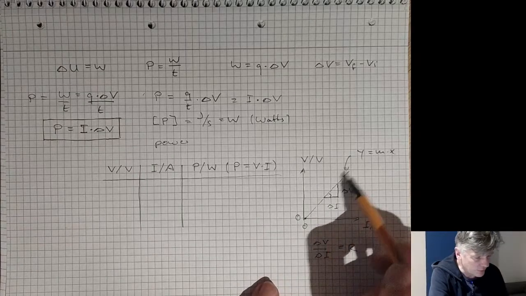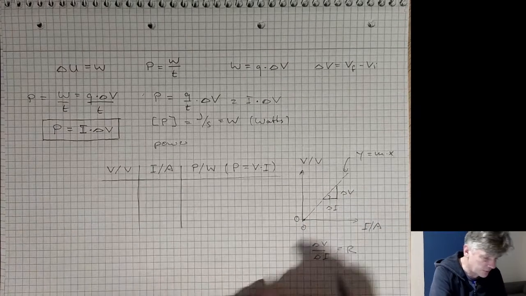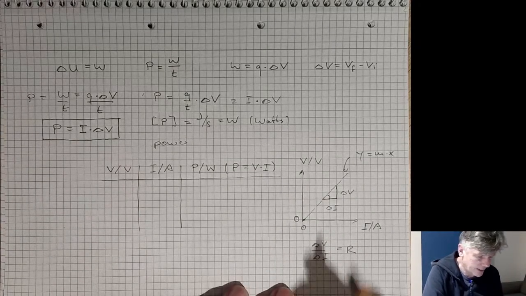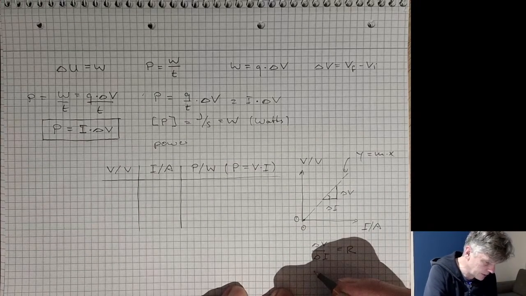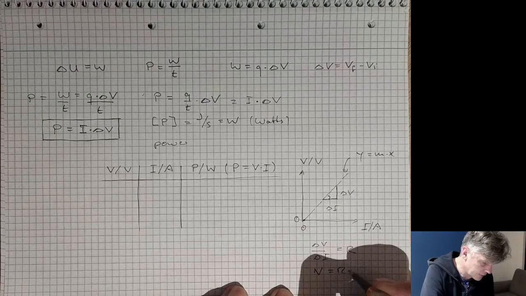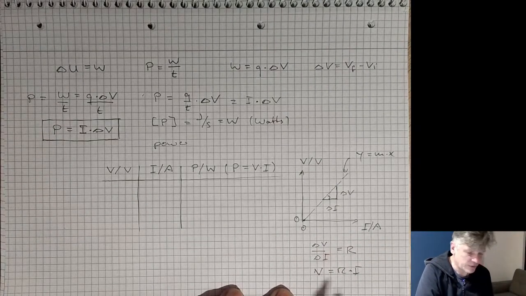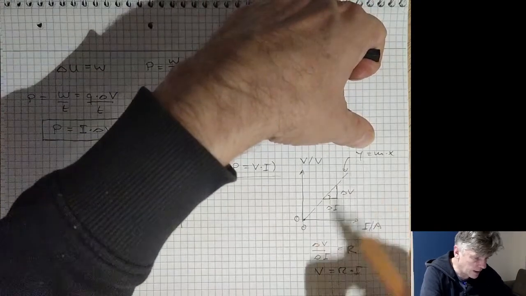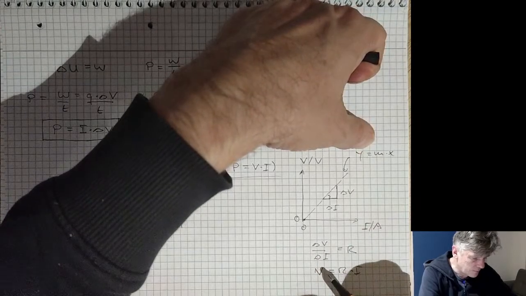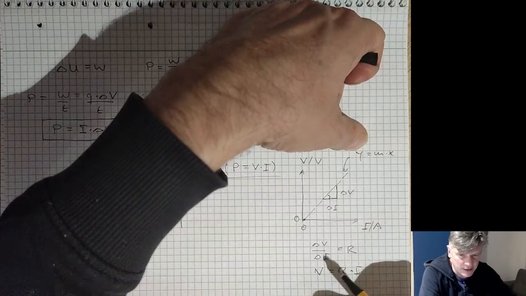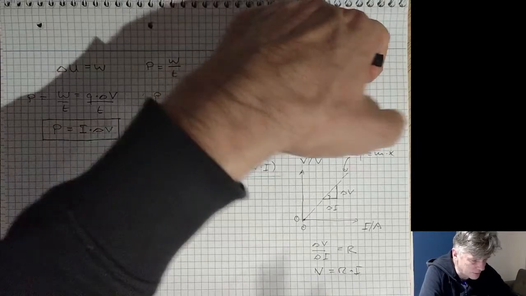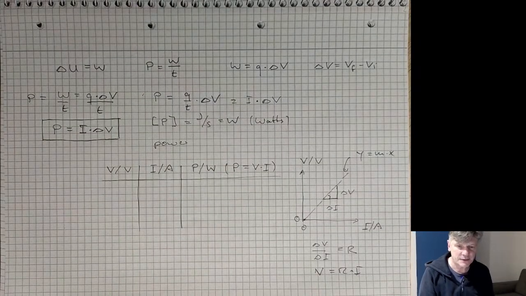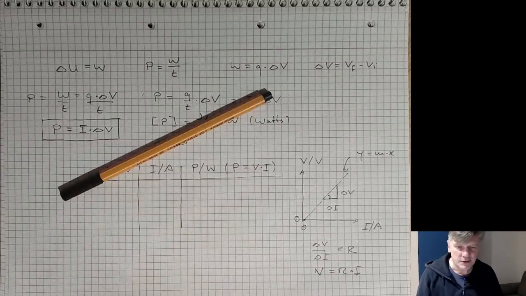But since this is constant here, you see it's a straight line, we just have V divided by I. So when we reformulate this, we would have volts is R times I. That's how we started with Ohm's law. And if you now compare the coefficients, you see that y is basically another variable name for the voltage, and x is another variable name for the current. Okay. So now let's do that in a spreadsheet program.